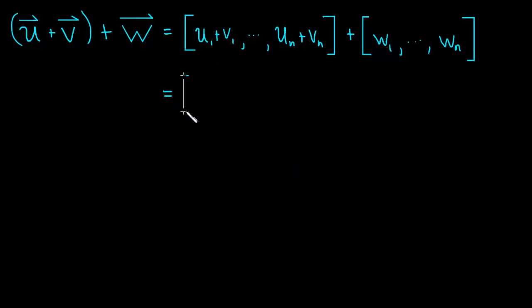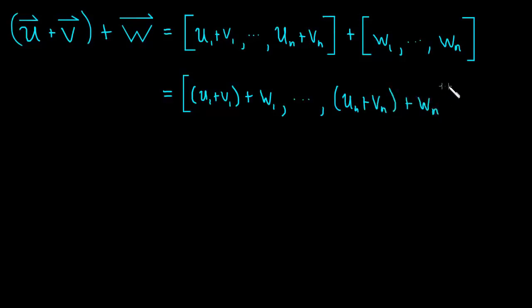We take the first component of the first vector, which is u1 plus v1. That's the first component of that vector, and then we add the first component of the other vector, which is just w1. And we do that for each of the components, until we get to un plus vn plus wn.